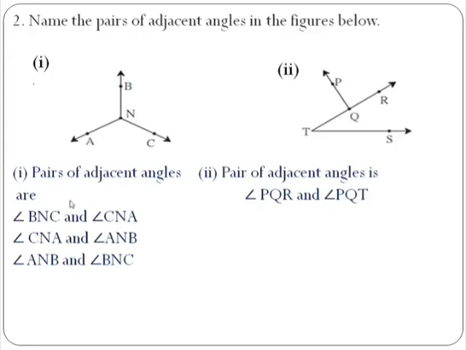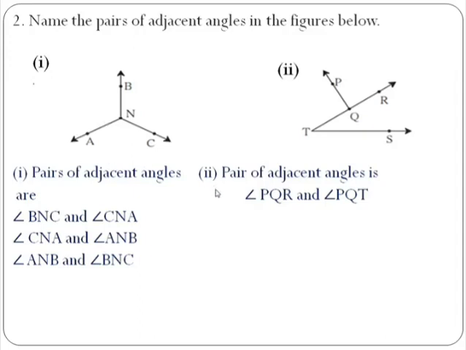Now the third pair is angle ANB and angle BNC. Again, they have common vertex, common arm and separate interiors. Therefore, we get here three pairs of adjacent angles in the first diagram.